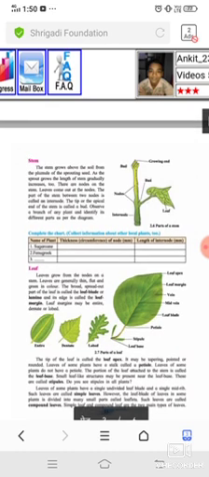The broad spread out part of the leaf is called the leaf blade or lamina, and its edge is called the leaf margin. Leaf margins may be entire, dentate or lobed.